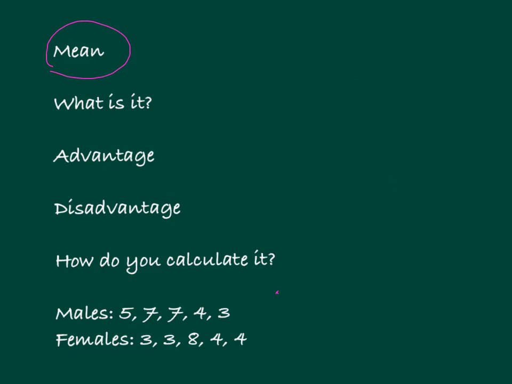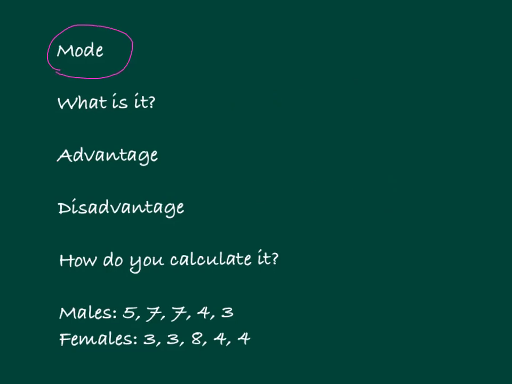So you would write something like, for the mean for males, I would add all the scores together, e.g. 5 plus 7 plus 7 plus 4 plus 3, and then divide the total by the number of scores. In this case there are 5 scores. So you add them up and divide by 5, and then you would do the same for females. So you should have calculated that for males the mean is 5.2, and for females it is 4.4.